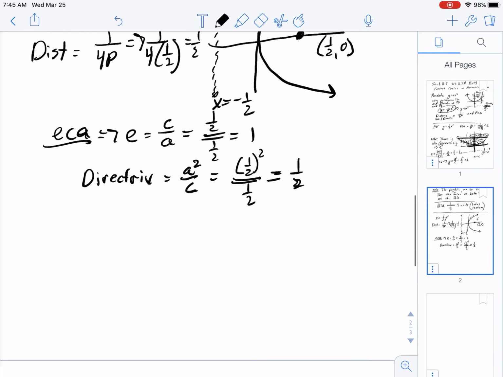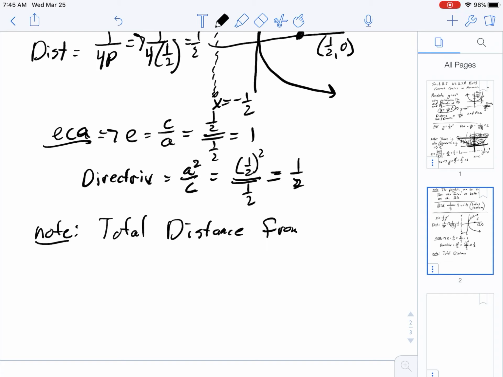One other thing that's going to be valuable, and we have to make a note here, is we need our total distance from the focus to the directrix.